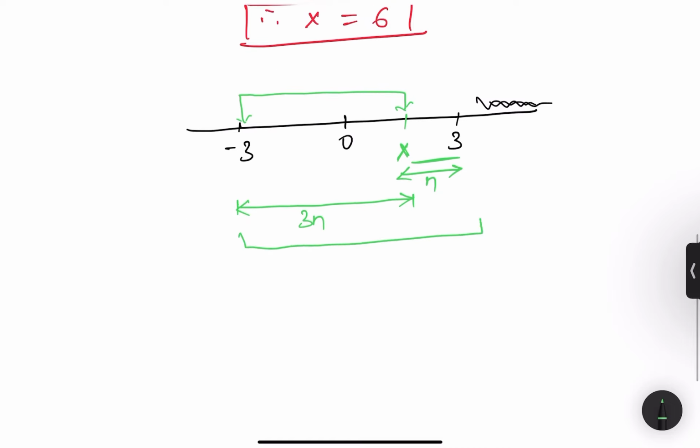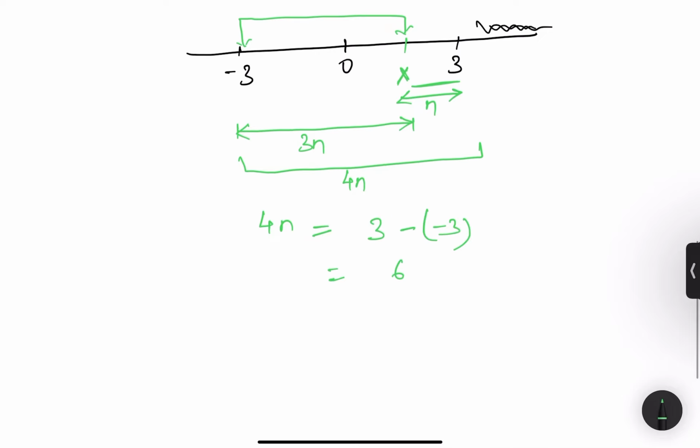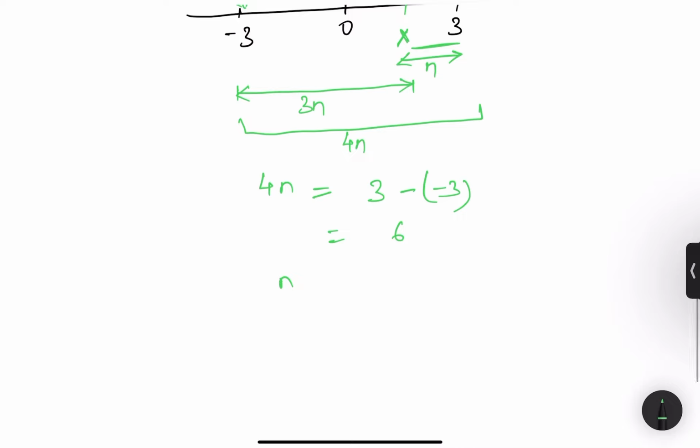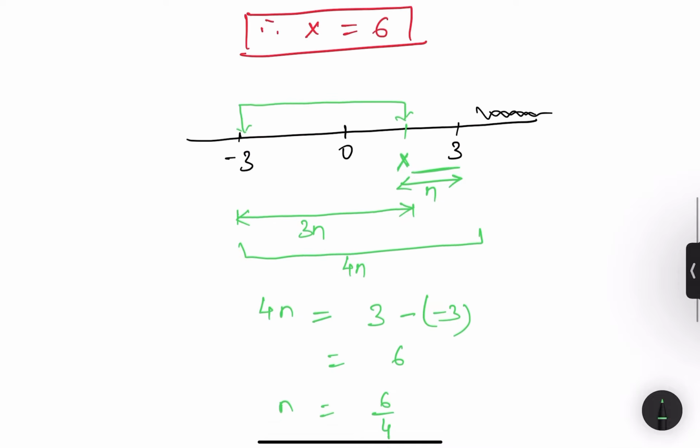This whole distance becomes 4n. So 4n is equal to how much? 3 minus minus 3. So that is 6. So our n will become 6 divided by 4, or 3 divided by 2. So it will be 1.5. So let's see here. So our n is 1.5.